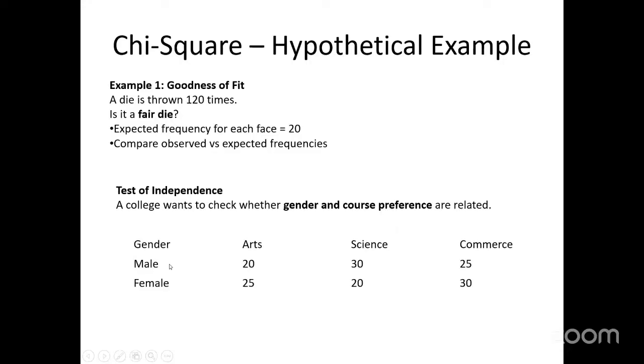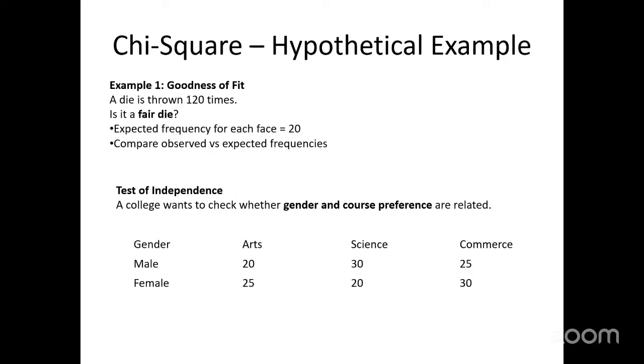It might be possible that the male population prefers science maximum and the female gender tends to go for arts. It might happen. It might not also. So we are testing whether there is any relation or they are independent or not, like gender and the course preference. Are these two independent or not?